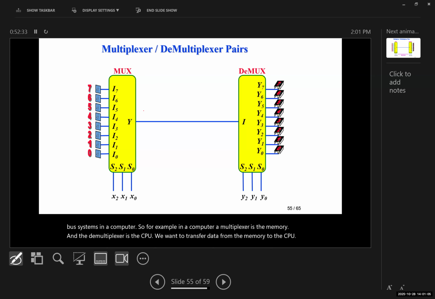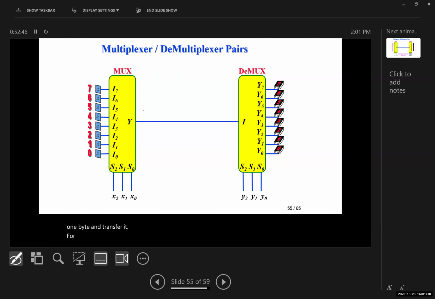Instead of having 128 lines, we can have 8 lines, 1 byte. And we can convert that 128 bits to just 1 byte and transfer it, for example. Or we can combine all of that and go from parallel to serial and then back to parallel.